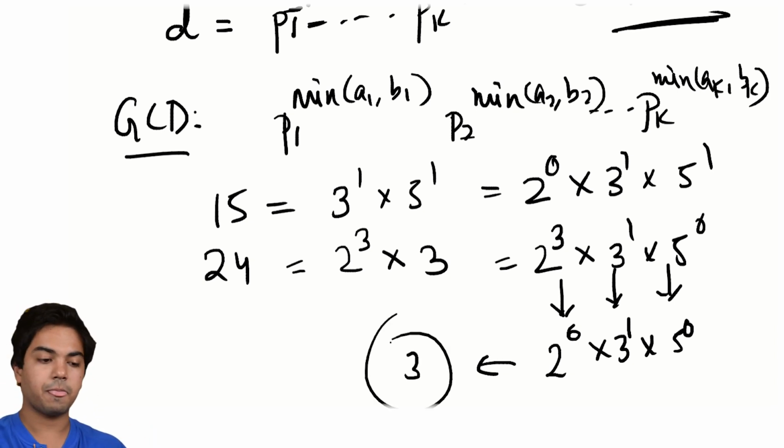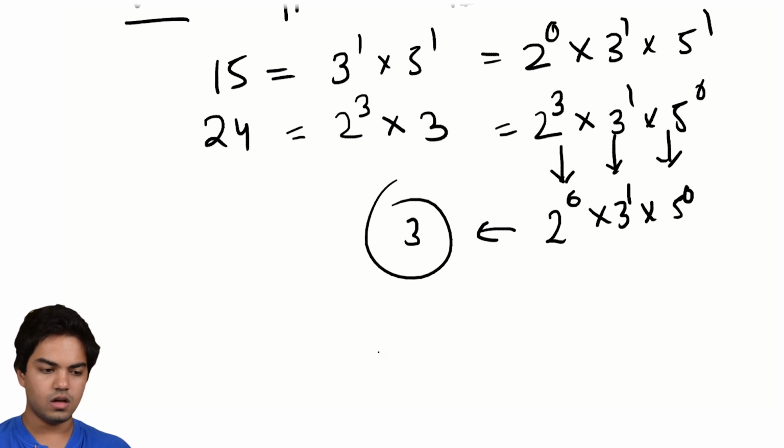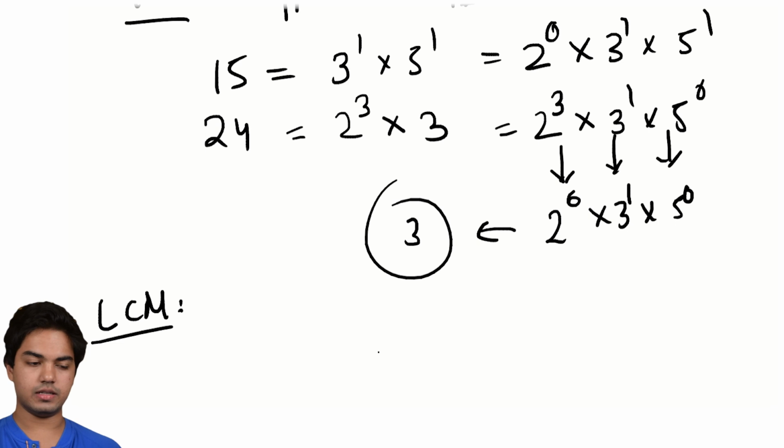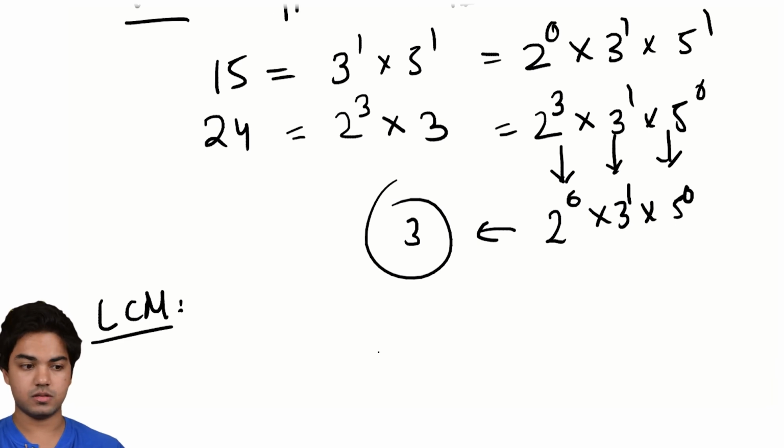This gives us one of the ways of thinking of the GCD, and divisors for that matter. What about the LCM? By a very similar argument, where instead of having as few primes as possible, we have as many primes as possible.